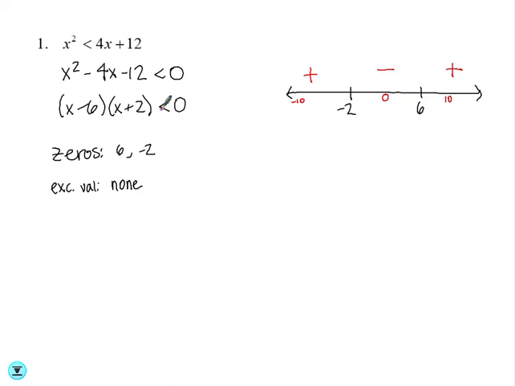Since this is strictly less than, not less than or equal to, we are not including these 2 points. We just want the interval -2 to 6, not including -2 and 6. So that's the basic idea for solving a polynomial or rational inequality.